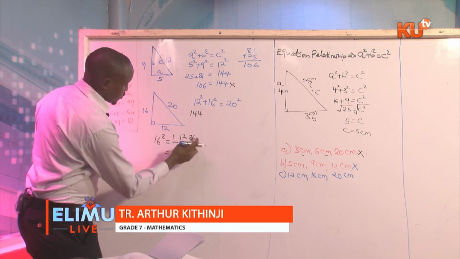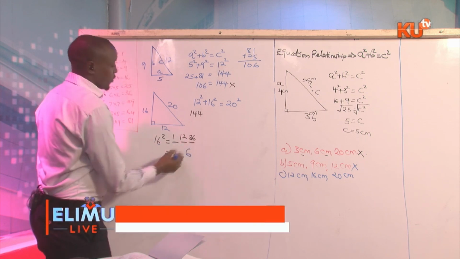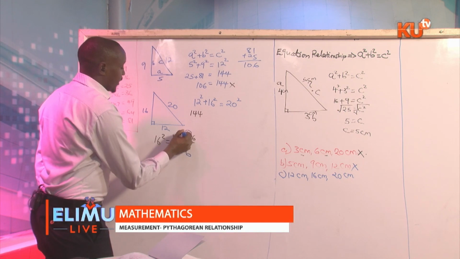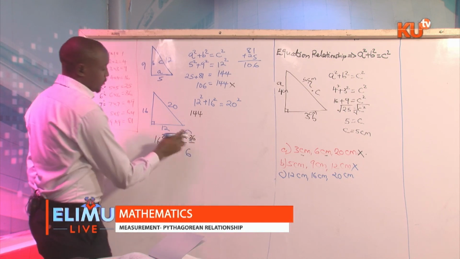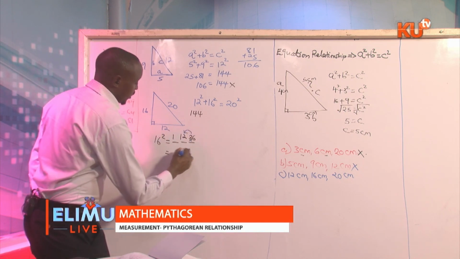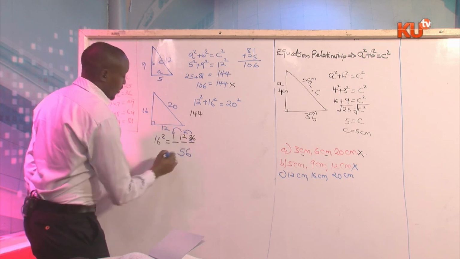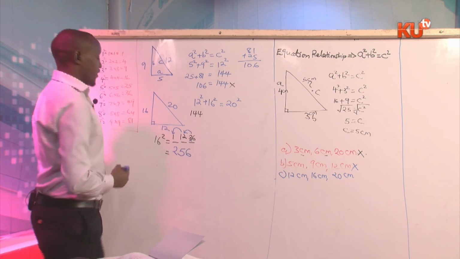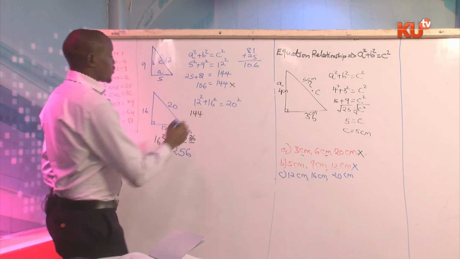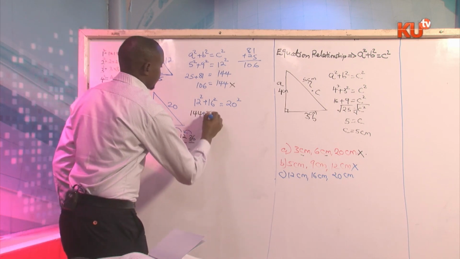So we write 6, we carry 3 and add it to 12. So 12 plus 3 is 15. We write 5, carry the 1 to 1, and 1 plus 1 is 2. Therefore, 16 squared is 256.